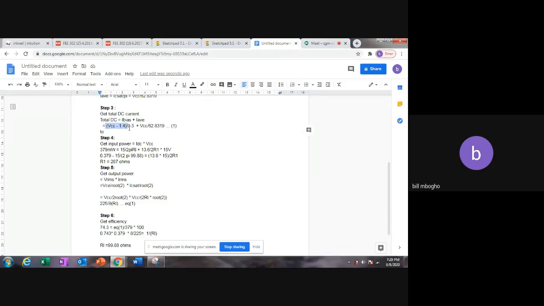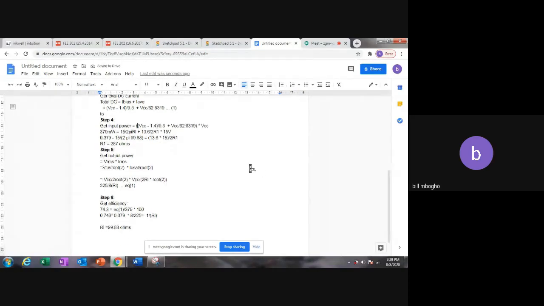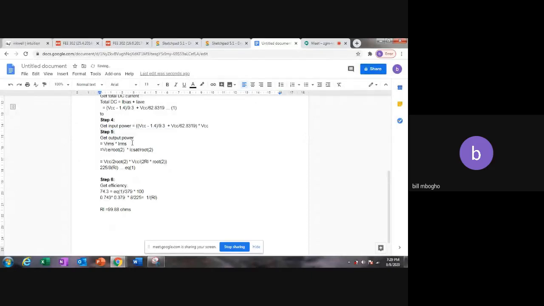So it's just this times VCC, Control C, Control V, and that, yeah, we don't need the rest of this. And this gives us the total input power. See, if you have the steps, it hopefully flows quickly. Yeah, I hope it does.